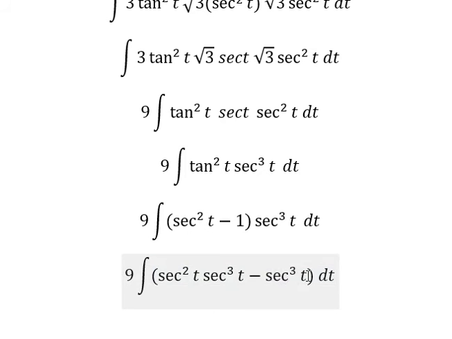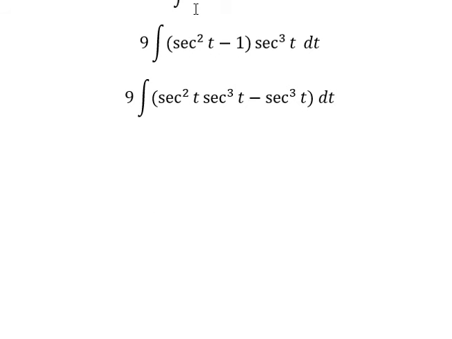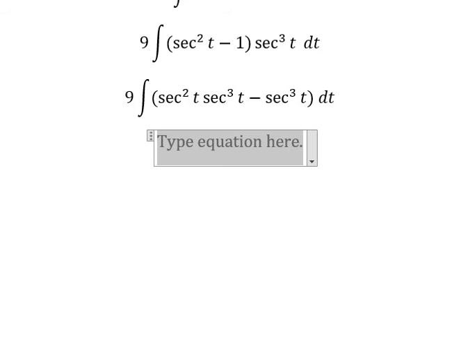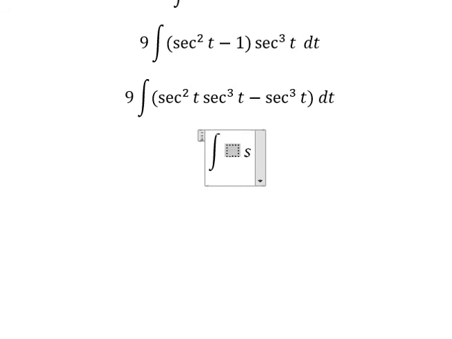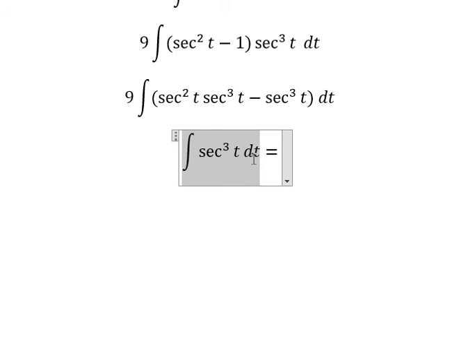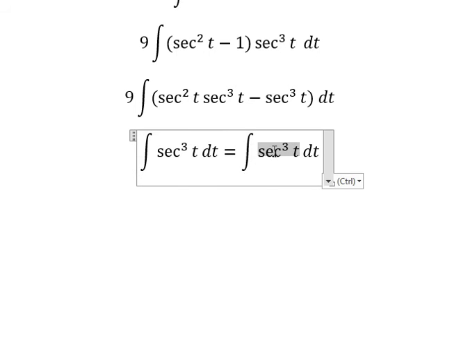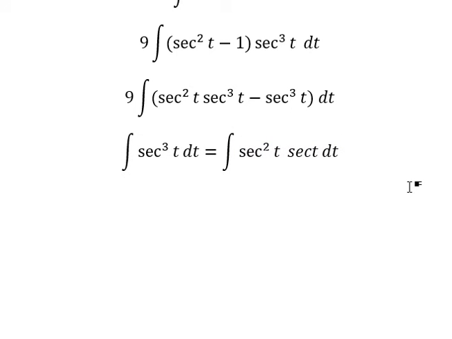Now I will concentrate on this one first. About this integration, we can put secant of t squared multiplied by secant of t. So we can use integration by parts.